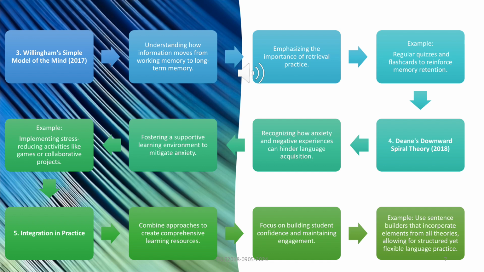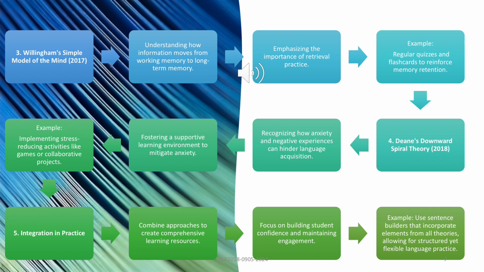This understanding complements Dean's downward spiral theory, which explains how anxiety and negative experiences can hinder language acquisition. The theory highlights that anxiety interferes with cognitive processing, creating a self-reinforcing cycle that affects language production.